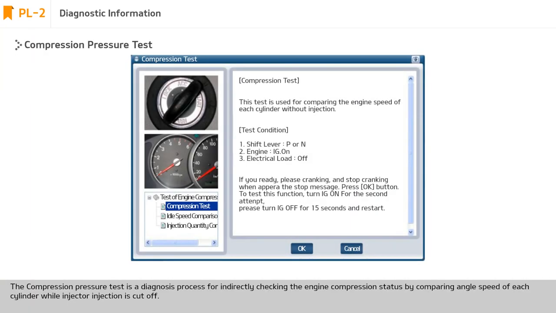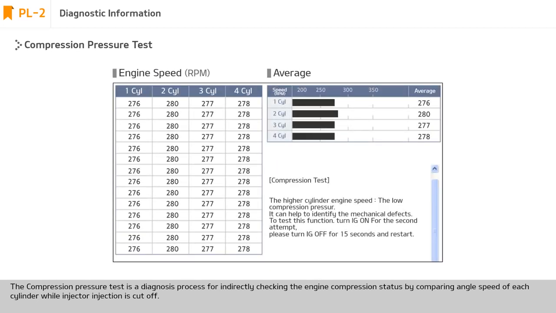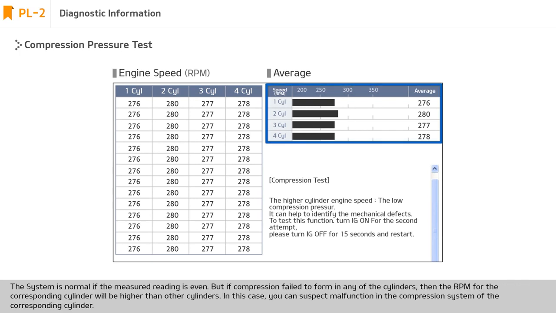The compression pressure test is a diagnosis process for indirectly checking the engine compression status by comparing angle speed of each cylinder while injector injection is cut off. The system is normal if the measured reading is even.